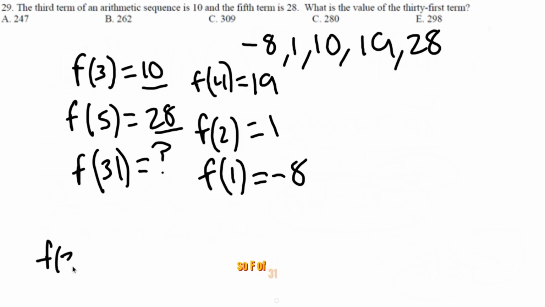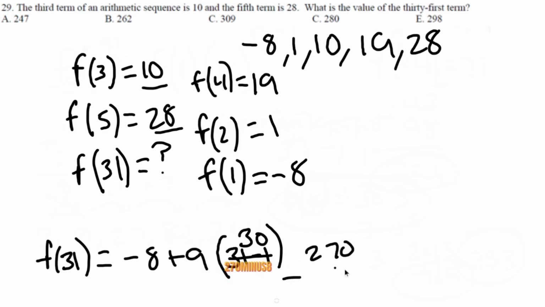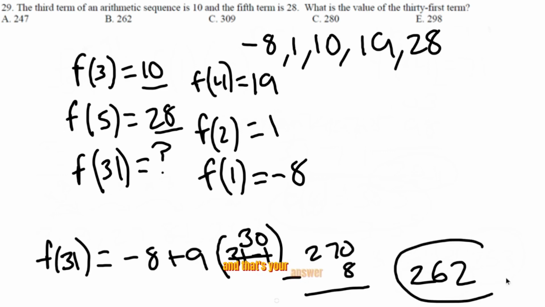So f of 31 equals negative 8, because that's the first term, plus 9, because that's the common difference, times 31 minus 1, which is just 30. So 9 times 30 is 270. 270 minus 8 equals 262. And that's your answer.